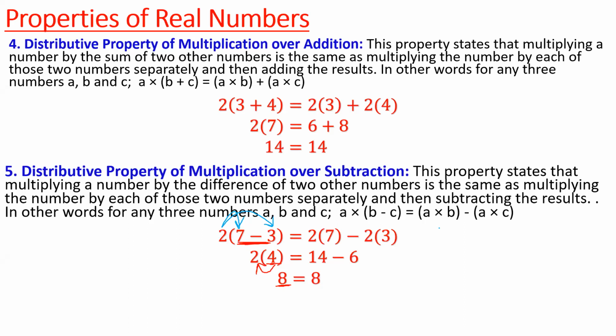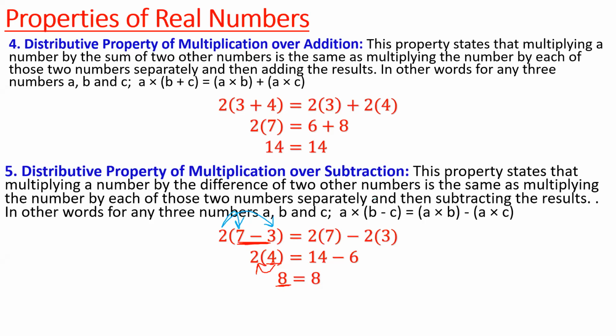In other words, for any three numbers A, B, and C, A times open bracket B minus C close bracket equals open bracket A times B close bracket minus open bracket A times C close bracket. Thank you. Again, please make sure you write this down.